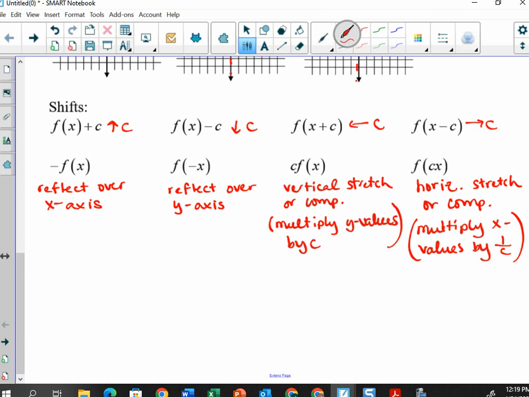Yeah, you were multiplying by 1 over c. Okay, so you've done it before, but you really have only thought about it in terms of trig graphs. We're going to do it with all the regular graphs now. So again, if you see that coefficient on x, think about multiplying the x values by 1 over whatever that number is. Okay?